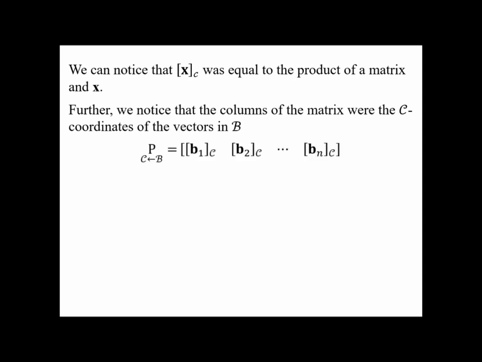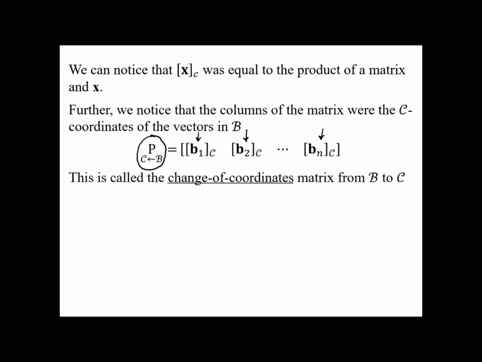First of all, this notation here is the change of basis matrix that changes from B to C. Notice that this column is the C coordinates of B1, C coordinates of B2, and so on up to Bn.